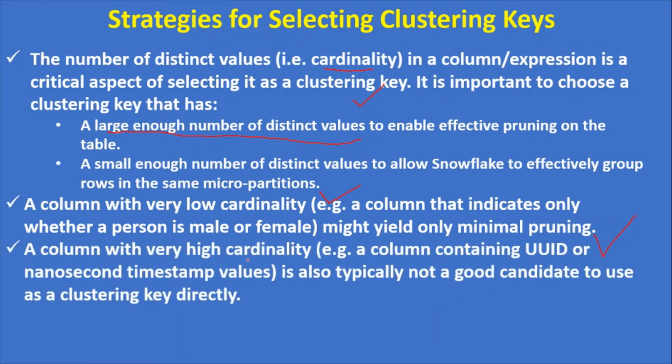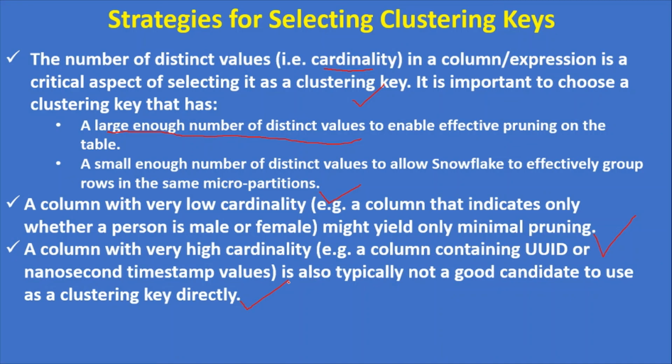A column with very high cardinality, for example a column containing UUIDs, unique numbers, or nanosecond timestamp values, is also typically not a good candidate to use as a clustering key directly. Assume that each value in a column is distinct, like employee ID, with no duplicate values.